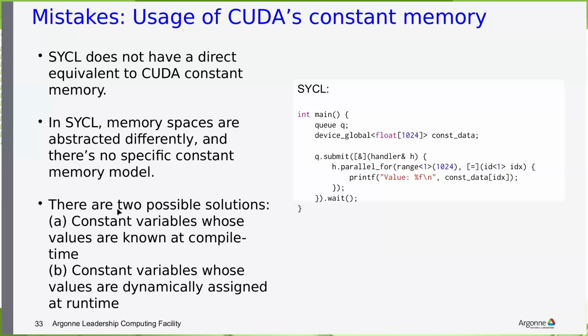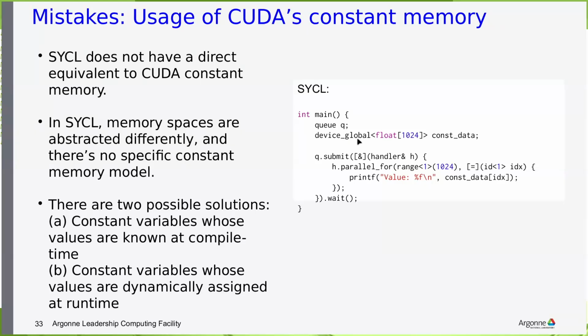So there are two possible solutions. These are, again, not so straightforward. One is constant variables, whose values are known at compile time. And second are the variables whose values are dynamically assigned at runtime, but they still stay constant at runtime.